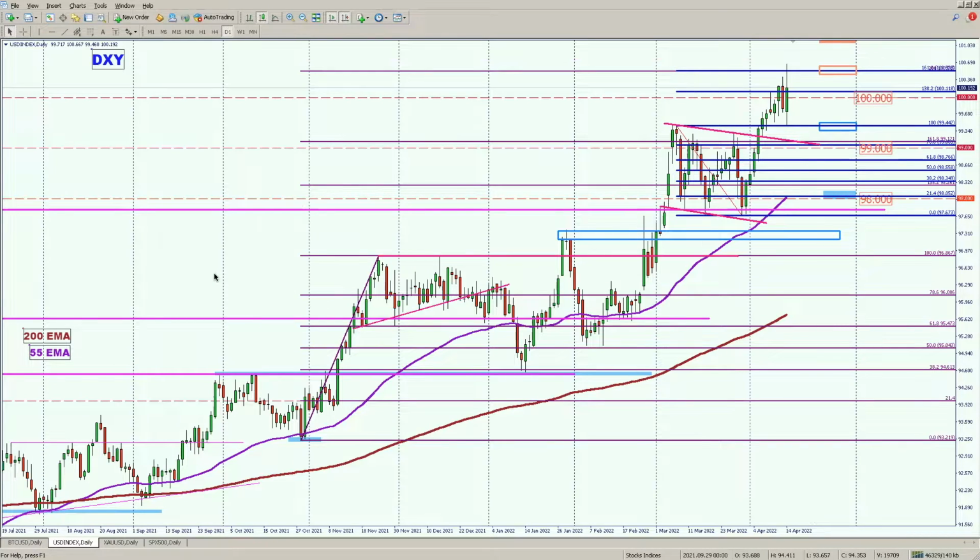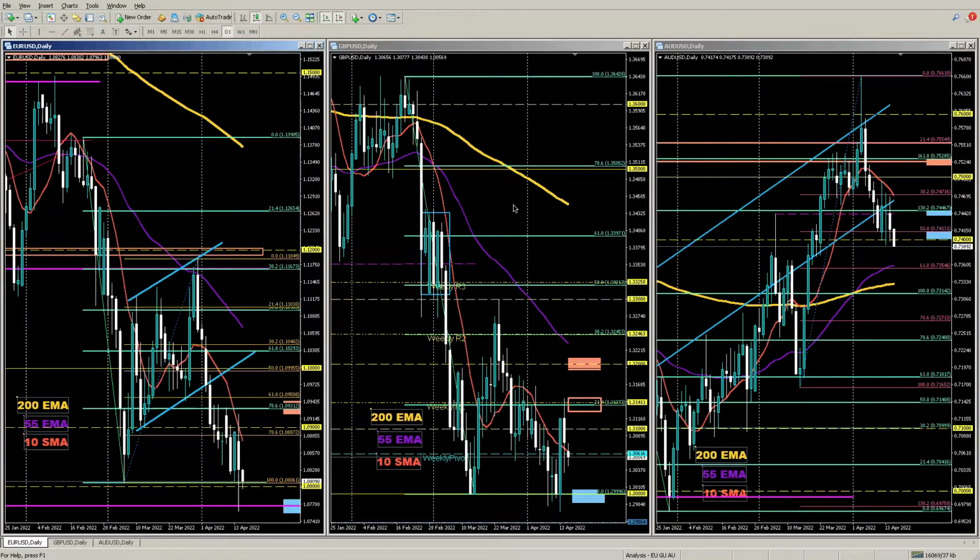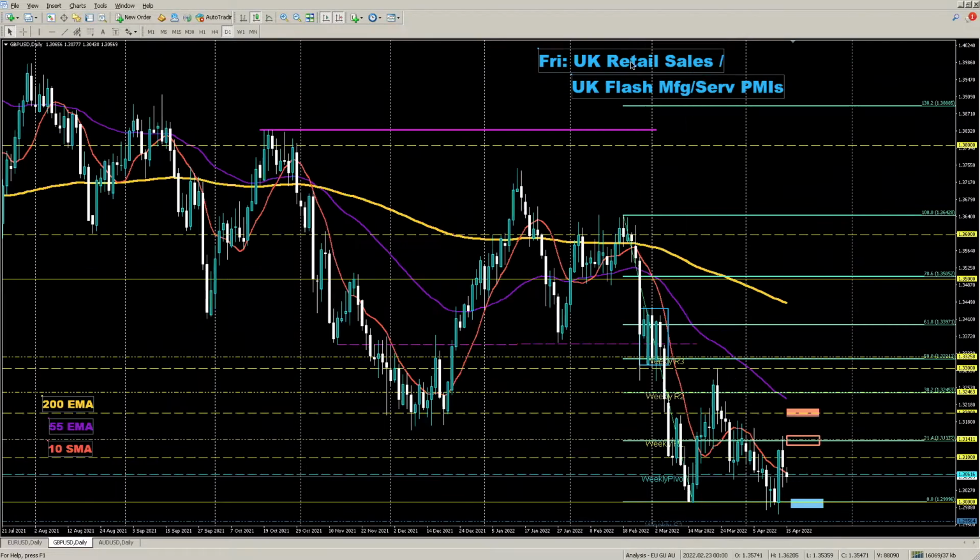All right, let's move back to review the other pairs. Let's move on to the cable, where you can see a strong bullish move on Wednesday. And that was after the UK CPI figures, which was better than expected.